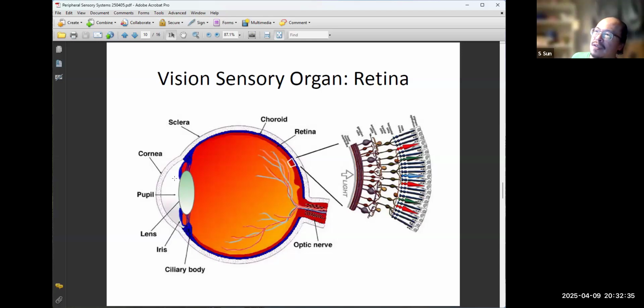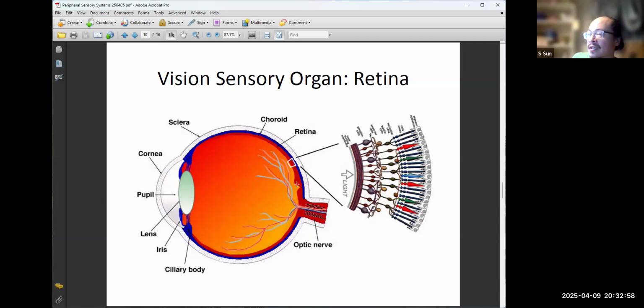Coming through here you have fluid, and here you have an opening. Light comes in through the lens. The lens can control the refraction. Light comes through and gets bent. Then the light image gets focused here.